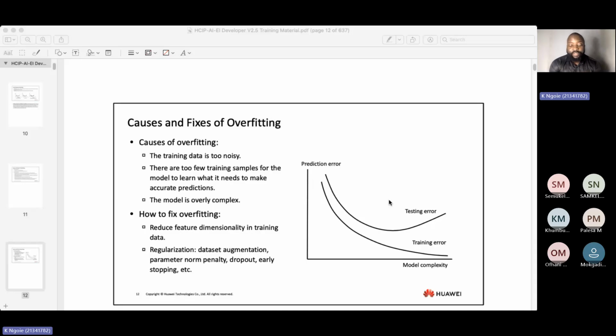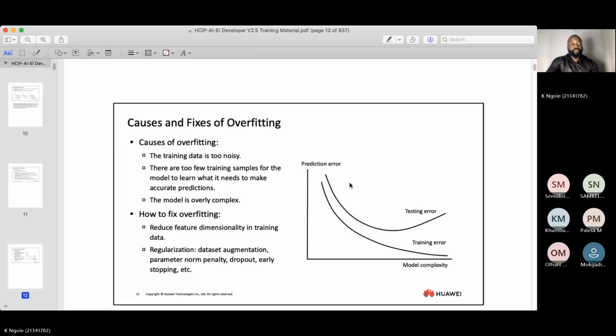If you train your model 1,000 times, and then you realize that at 400 times it's really accurate, but as soon as you continue training it loses accuracy, you better stop early, at 400 epochs. All right.